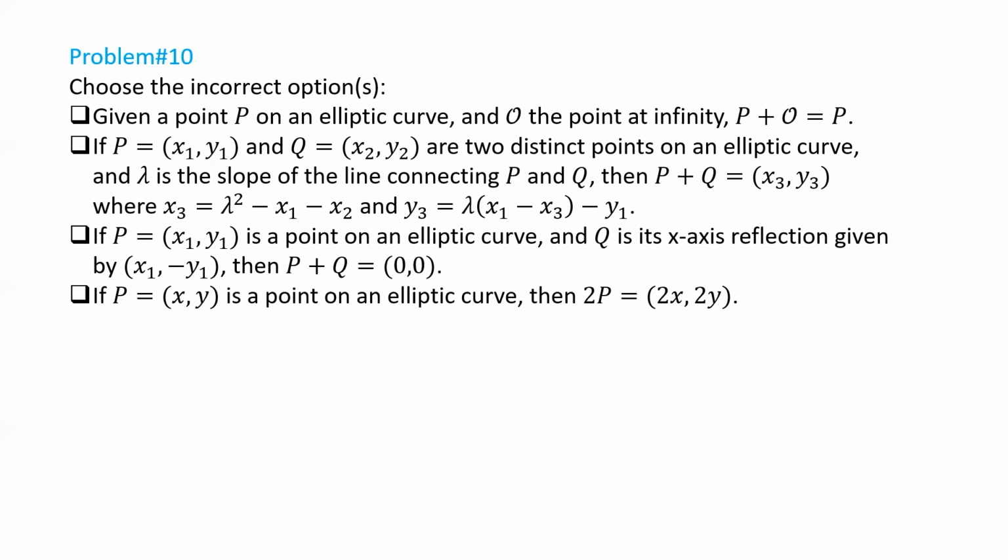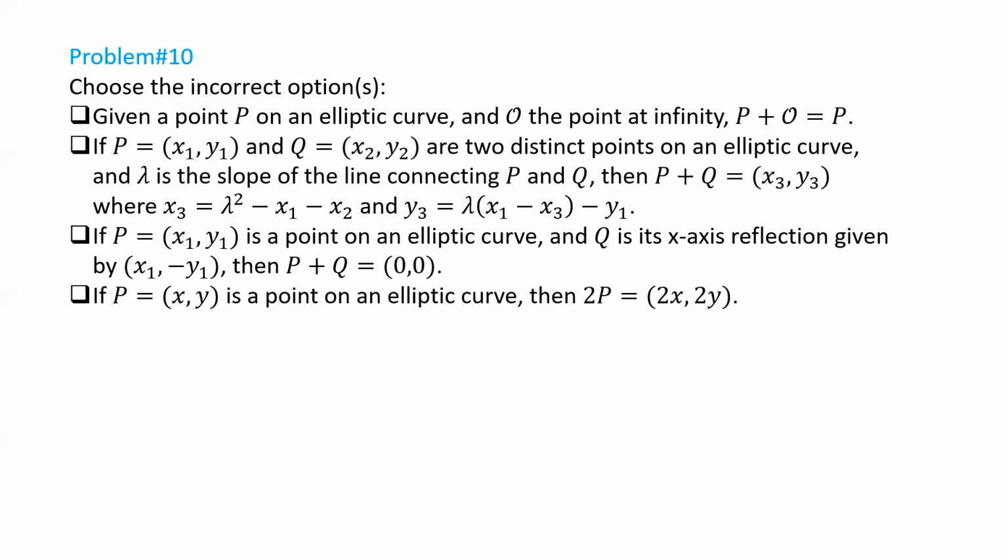Such two points are inverses of each other in the group consisting of elliptic curve points with respect to point addition, with the identity element being the point at infinity. We can write P plus Q equal to the point at infinity, that is O, not (0, 0).